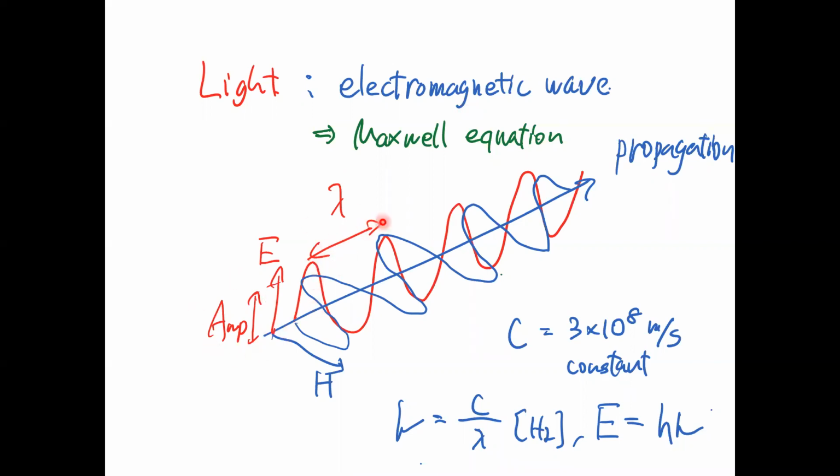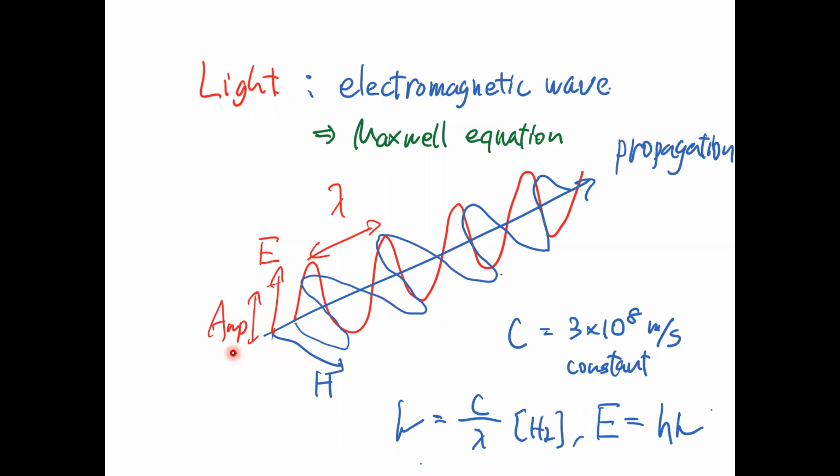The one is lambda, meaning the wavelength, and this determines the color of the light. The other is the amplitude of the electric field or magnetic field, which determines the intensity of the light.